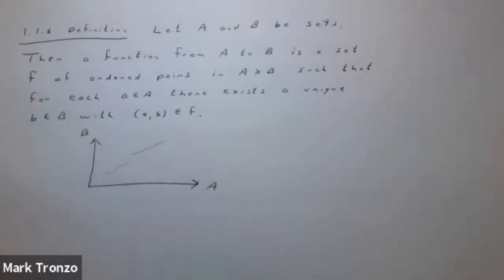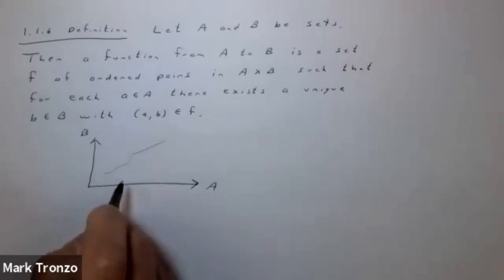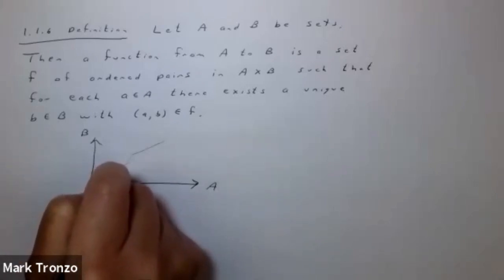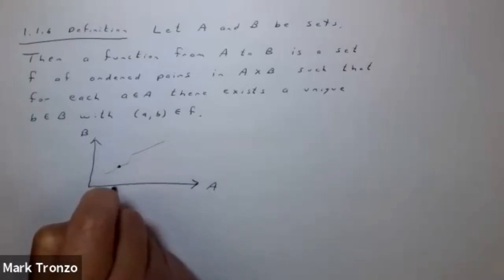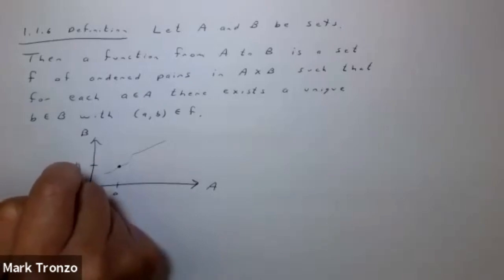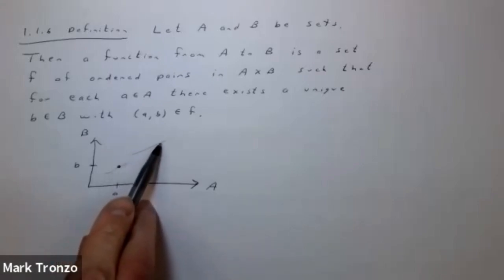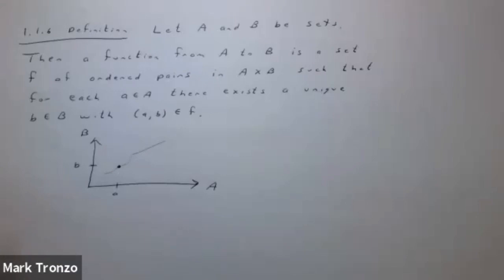So instead of the way we normally do it, this point right here would be one of our a's and one of our b's. And the things that are part of this set F are going to be all these pairs that we have along here. And that's what it's kind of trying to say in kind of an obtuse way.